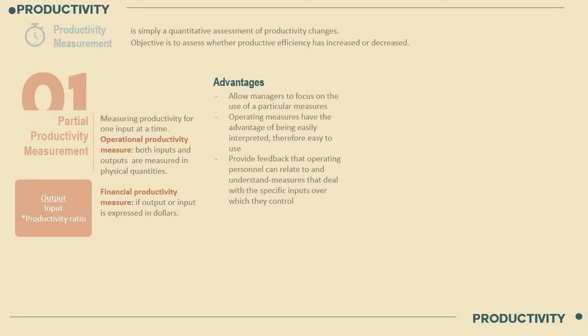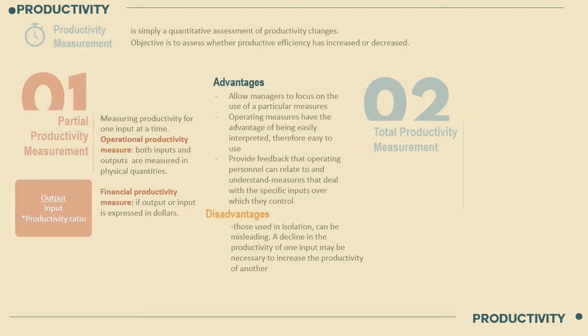Operating measures have the advantage of being easily interpreted, therefore easy to use, and they provide feedback that operating personnel can relate to, and understand measures that deal with the specific inputs over which they have control. And as for its disadvantages, those used in isolation can be misleading. A decline in the productivity of one input may be necessary to increase the productivity of another.